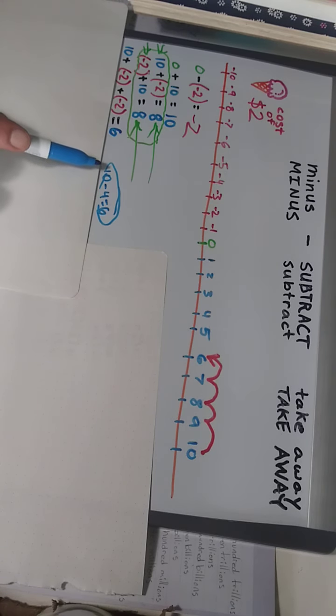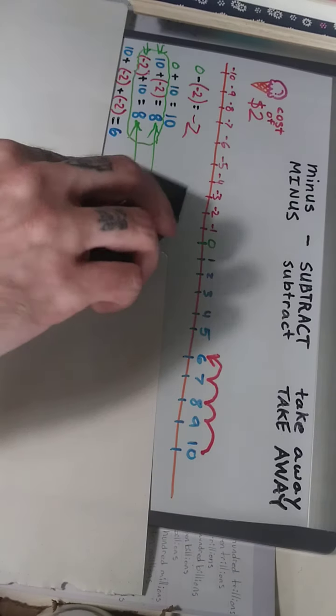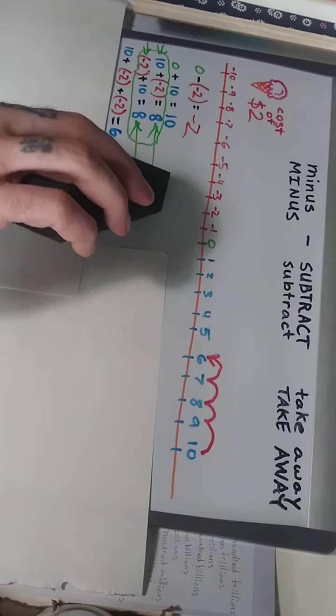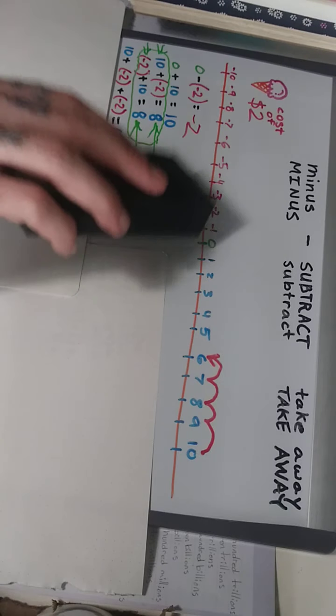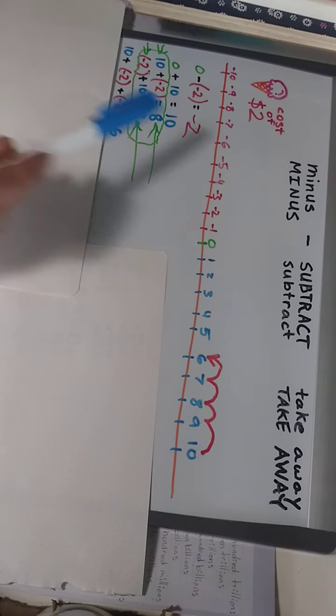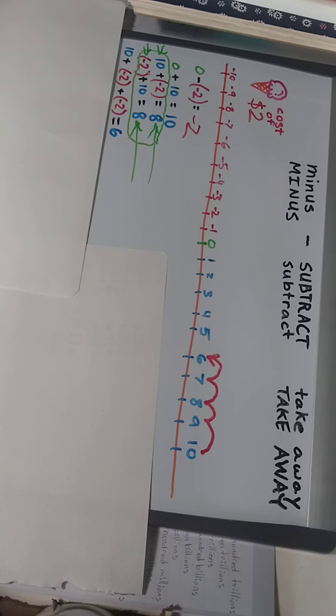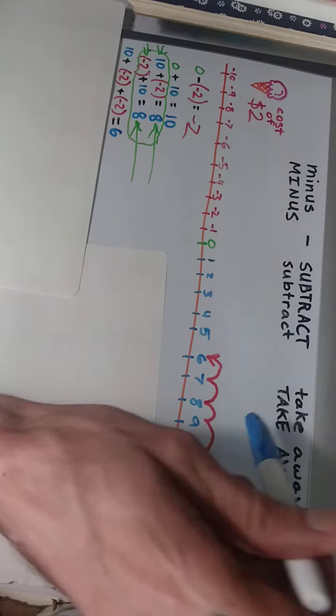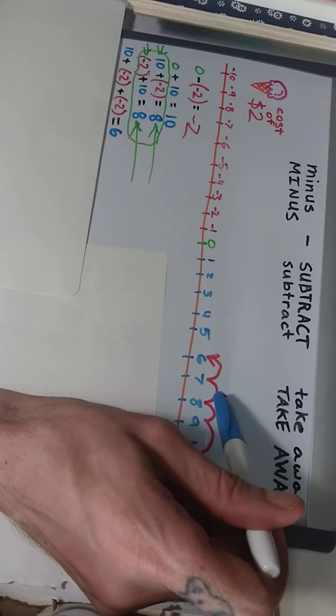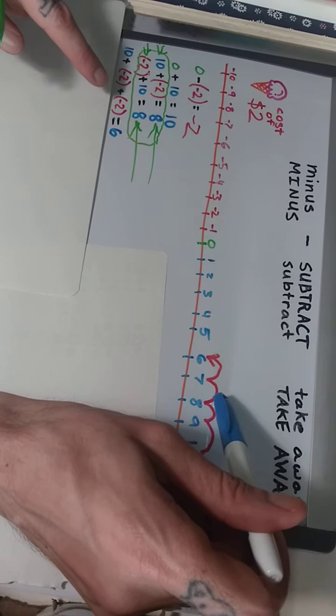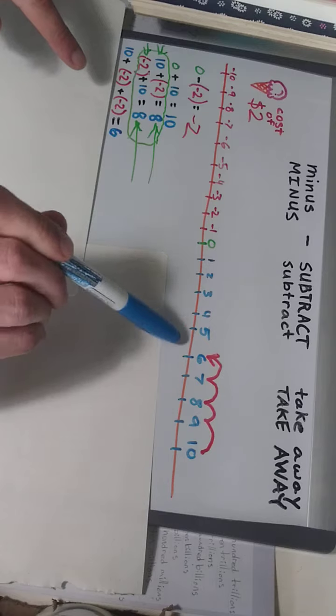This just says we have 10 minus 4 equals 6. But here in this equation, we're talking about negative numbers, which in this situation is the cost of the item. So it's more descriptive to do it like this. So once again, 10 plus negative 2 is positive 8, plus another negative 2 is positive 6.